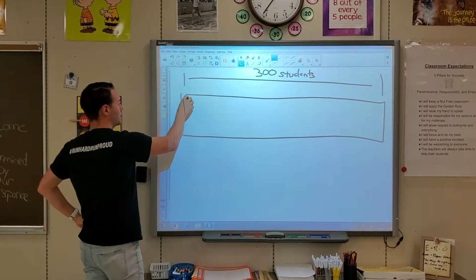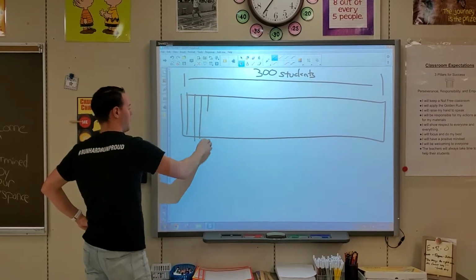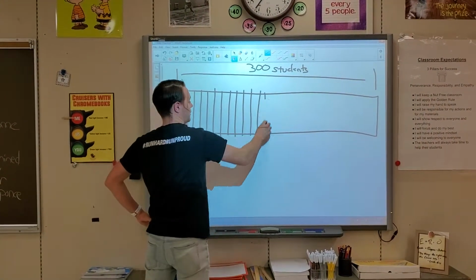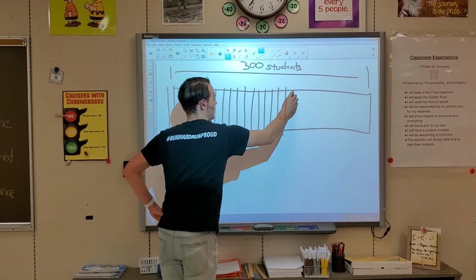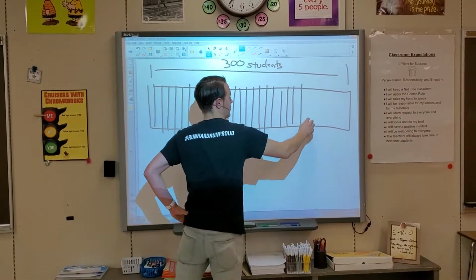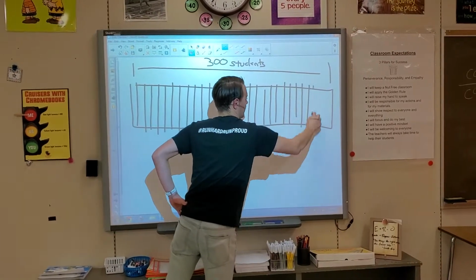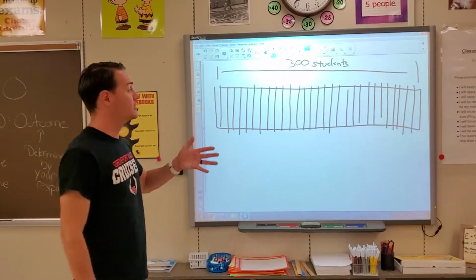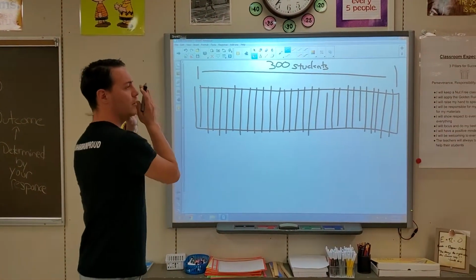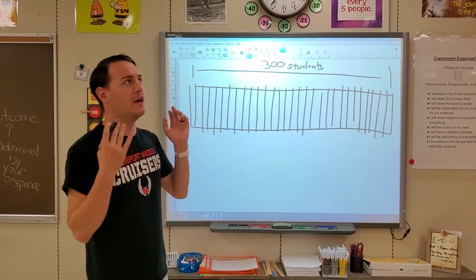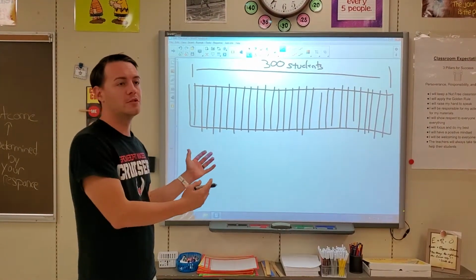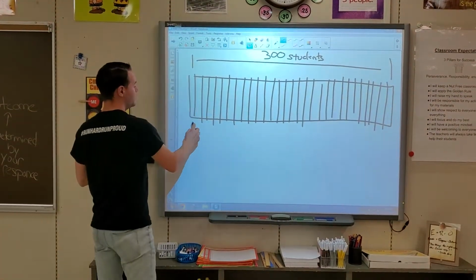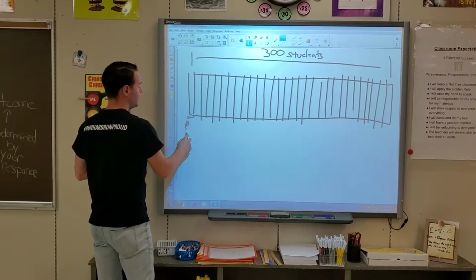So out of these 30 boxes, how much would go into each group? If I have 30 groups, how much goes into each one out of 300? 10 goes into each one. So each one of these little boxes represents 10 students.